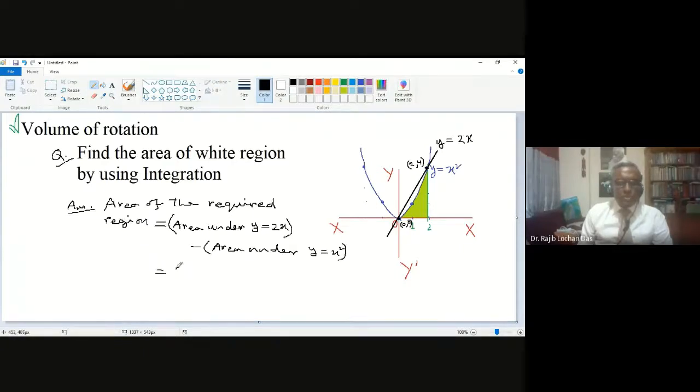So this will be 0 to 2, just 2x dx because area formula is just y dx, that's all, আর কিছু নাই। আর ওইটা হবে 0 to 2 x square dx, right?